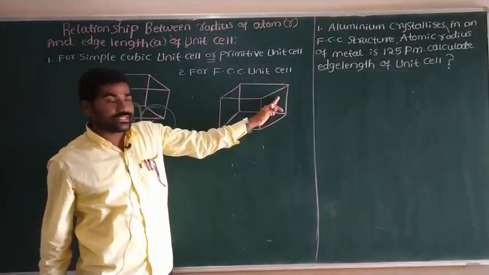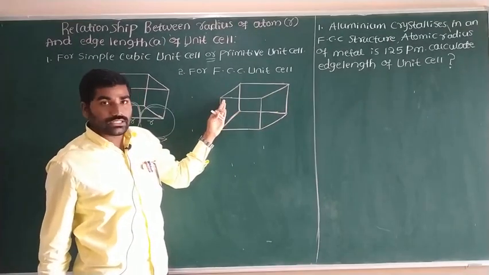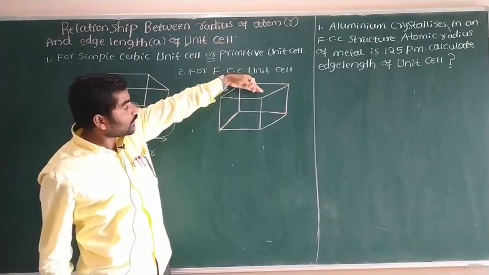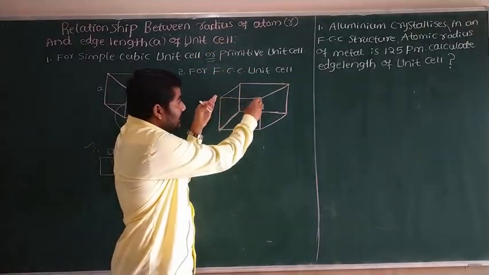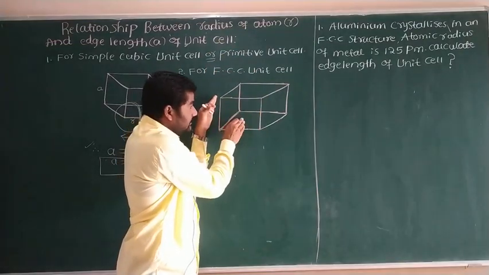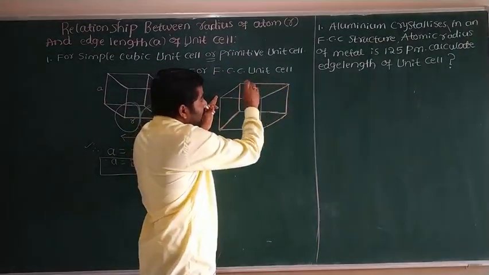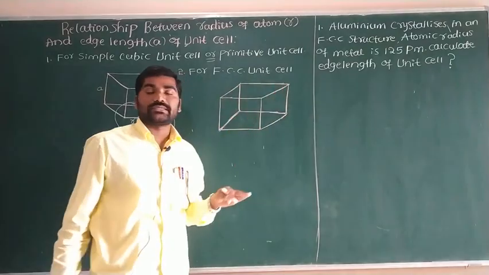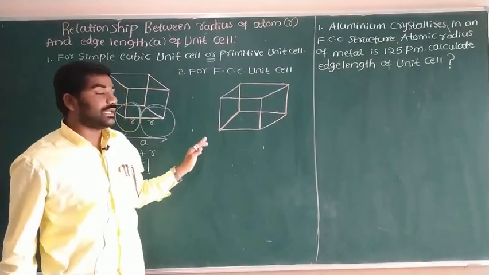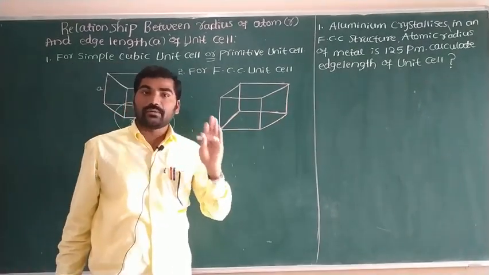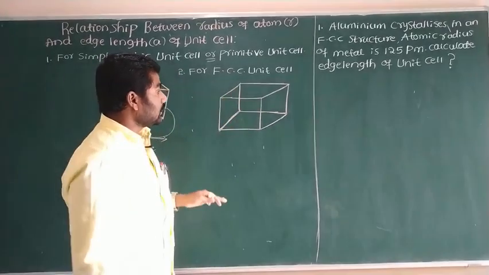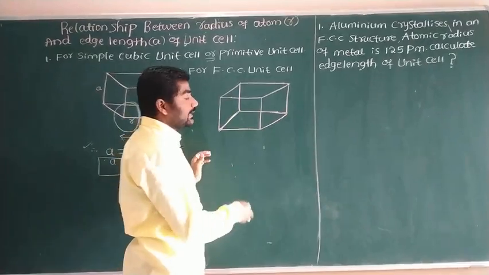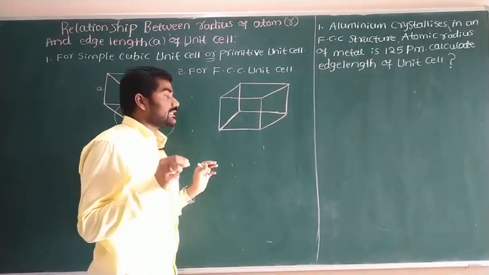This is face 1, this is the left side, the second face is above, the third face is below, the fourth face is this entire square box, and the fifth is this one. One more face, so a cube has 6 faces in total. In the case of the FCC unit cell, particles are also present at the center of all 6 faces.